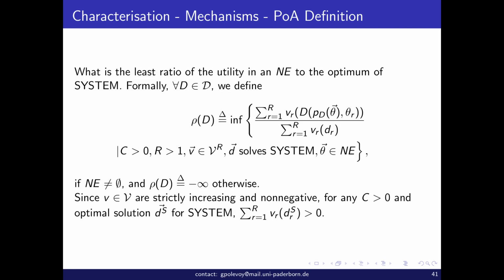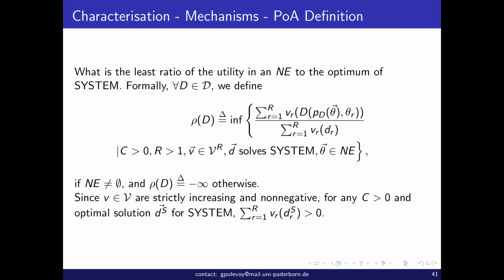I remind you that it's simply any allocation which allocates at most what we have, any feasible allocation. And formally, for any mechanism, you define the price of anarchy of that mechanism. That, of course, is a price of anarchy across many games. So I look at the worst case, the infimum.